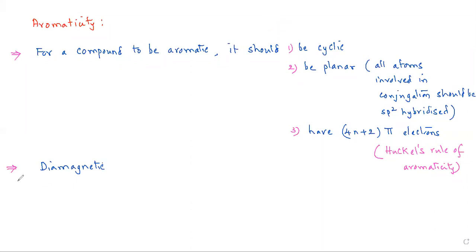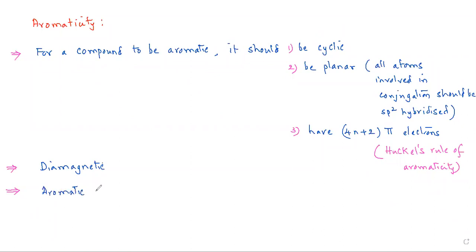Within an aromatic compound, a kind of induced ring current sustains or is present. So it is also called diatropic. Okay.